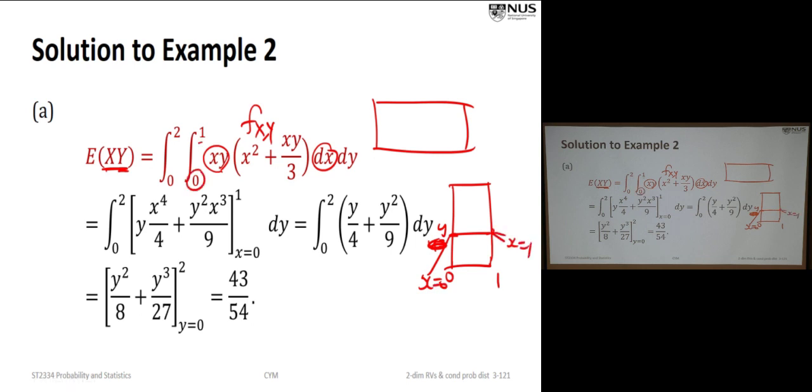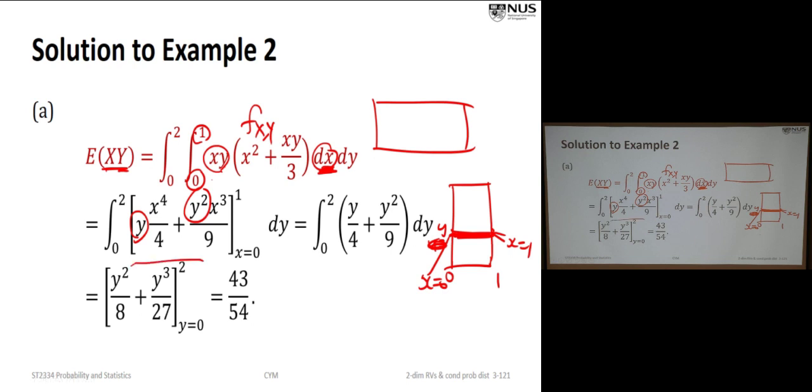So the integration is from 0 to 1. That means I integrate this over this part. Remember, only integrate with respect to x. So we fix y and then integrate x. So all the y are fixed. All right? Oh, yeah, there's a y there. Okay, so the answer is 43 over 54.